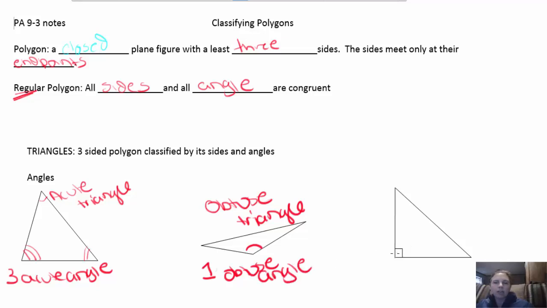This one, again, if we're classifying by the angles, has 1 right angle, so this is a right triangle. Here are the names: obtuse, acute, right, and this is how you know how to classify them.